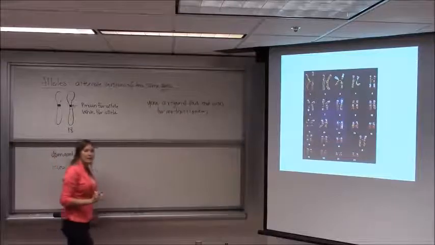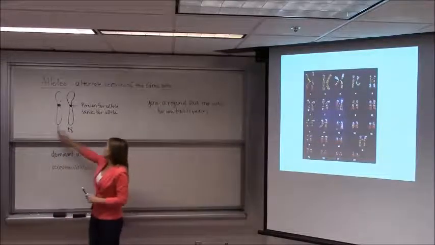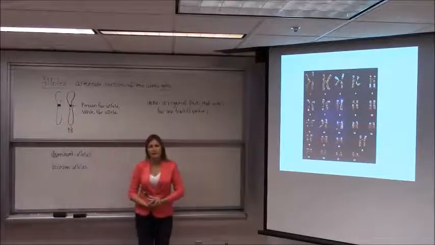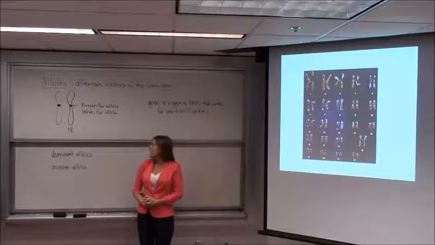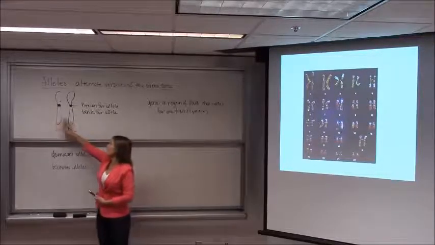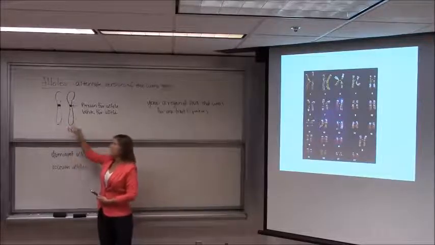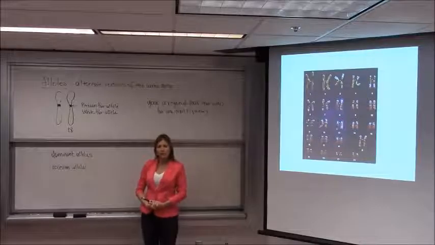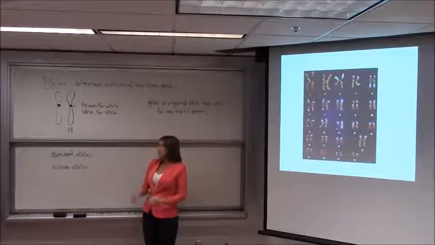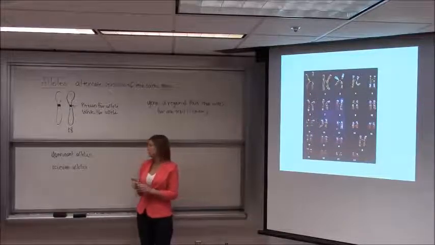And he has three possibilities. Maybe he inherited brown fur allele from both parents. Maybe he inherited one of each, brown from one parent and white from the other. Or maybe he inherited two white fur alleles. Those would be the three possibilities. So he either has two alleles that are the same, or he has one of each.